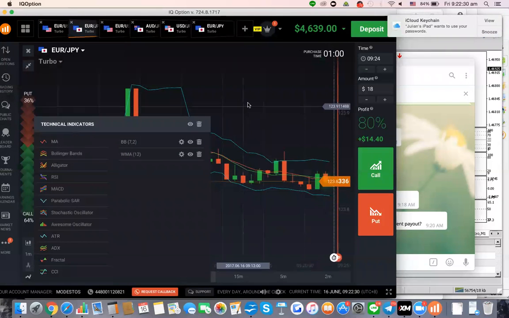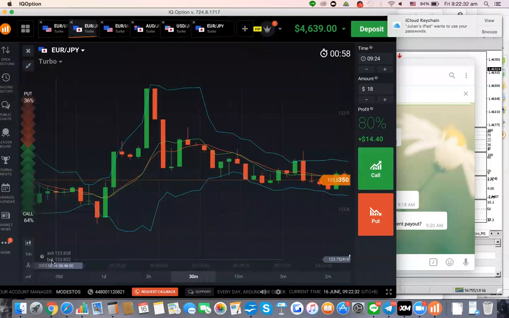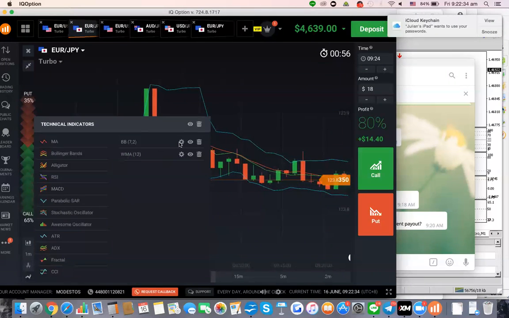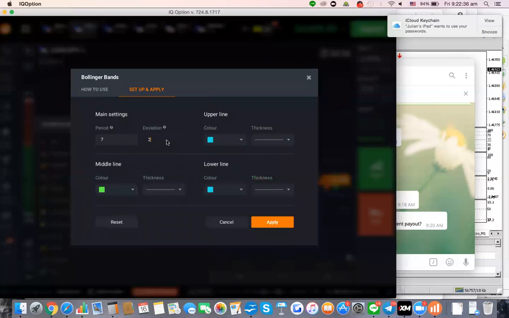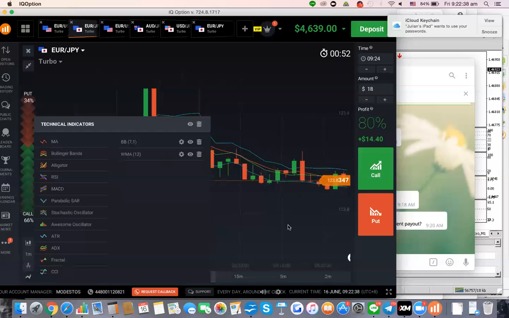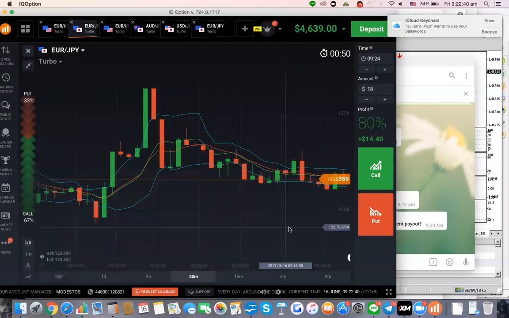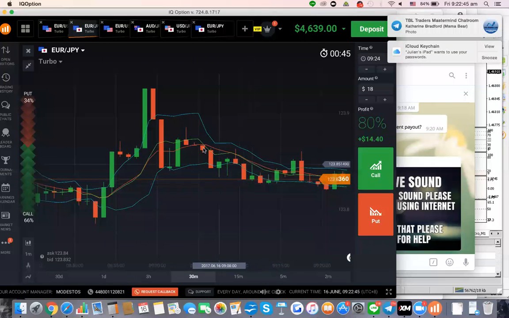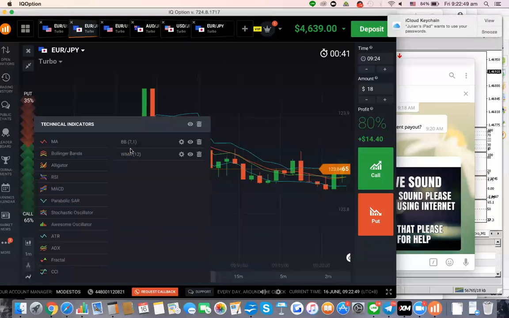Have a look at that. And why don't you have a look at BB7 deviation 1 instead of deviation 2? These will give you ideas of market momentum at the same time. So these are a lot of ideas for you to experiment with.